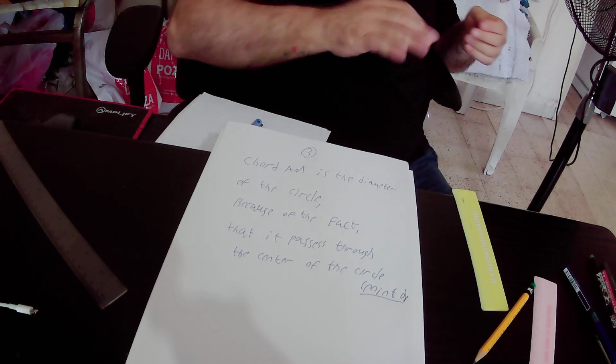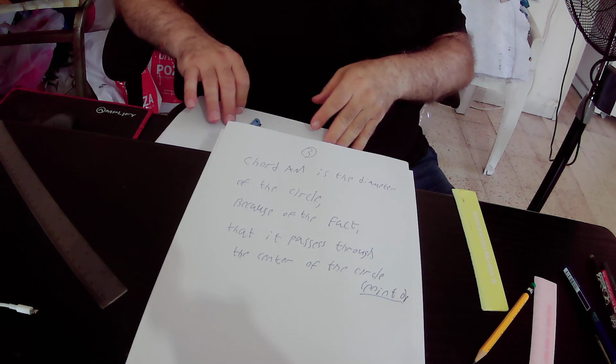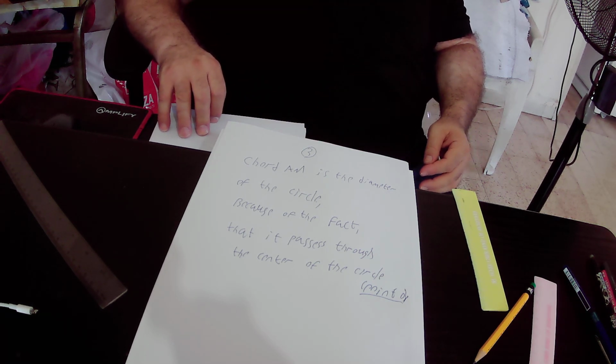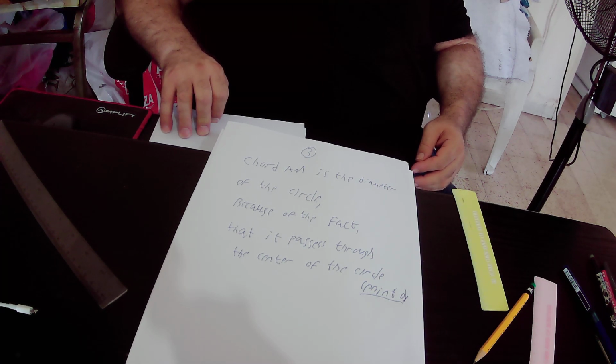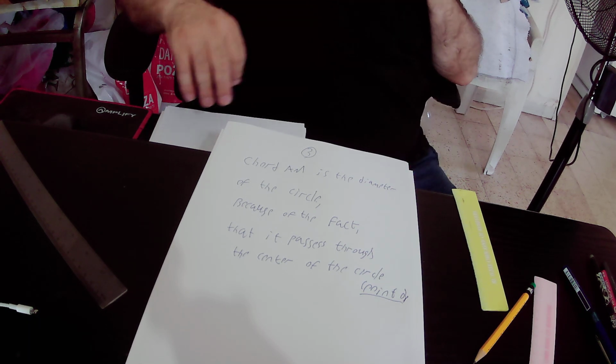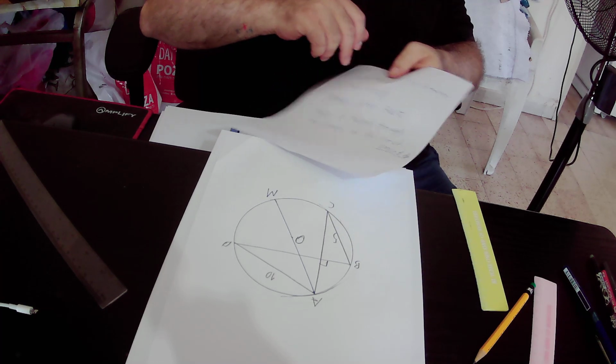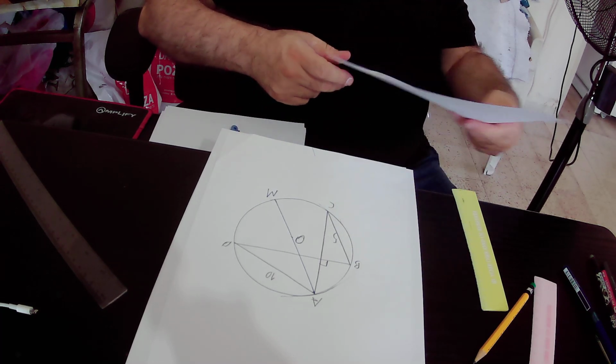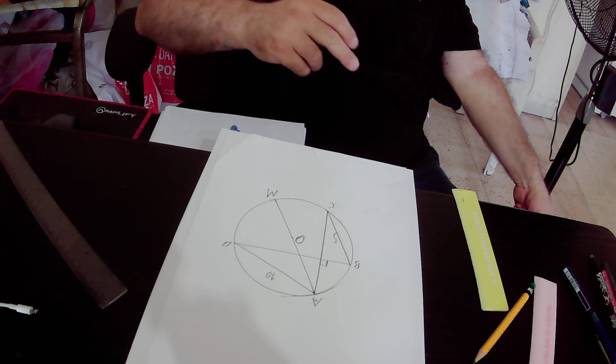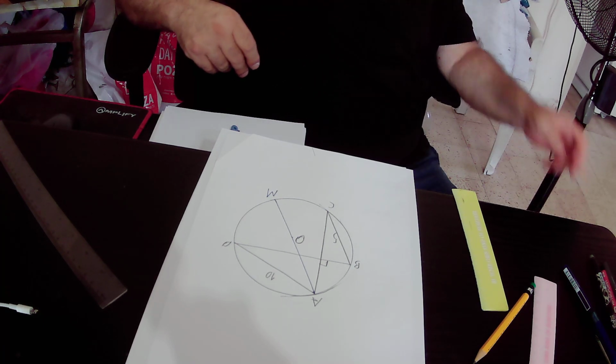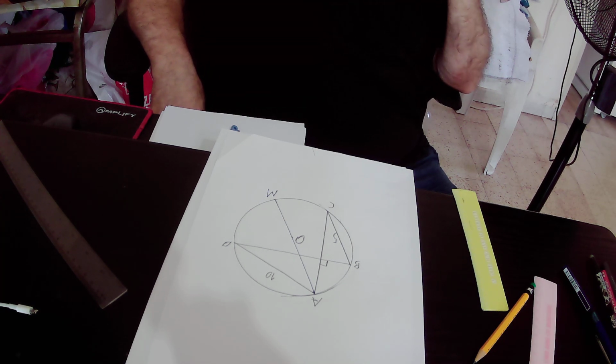I will read again. Chord AM is the diameter of the circle because of the fact that it passes through the center of the circle, that is to say through point O. Any chord that passes through the center of a circle is defined as the diameter of that circle.